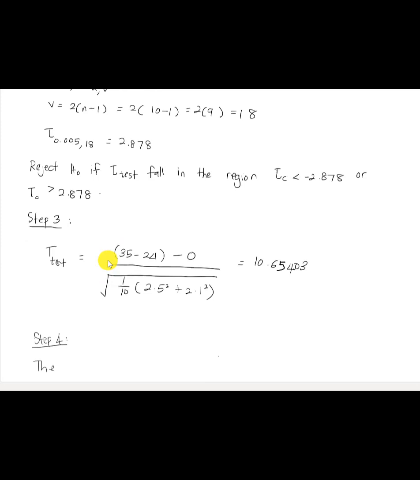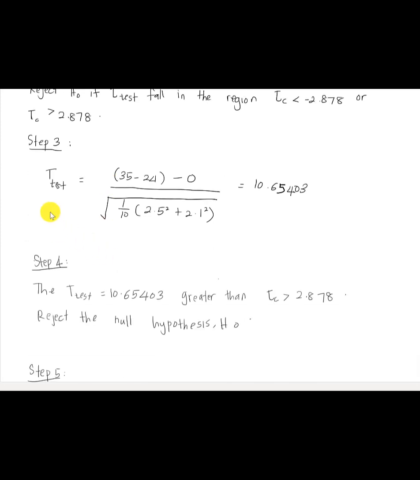Okay, so the next step is that we must get our t-test, because we want to know whether we reject or do not reject the null hypothesis. Our t-test comes from case E, in which the formula is x bar 1 minus x bar 2.